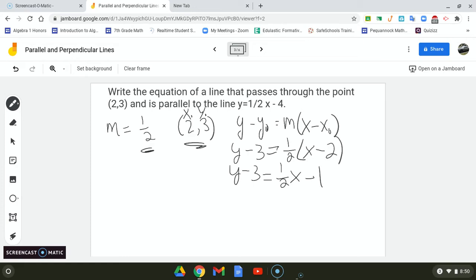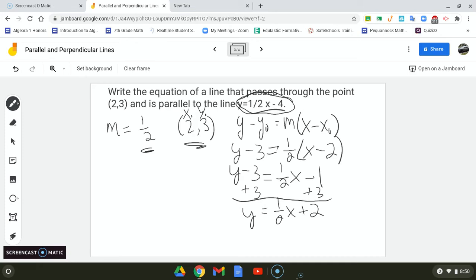Again, distributing the half to the negative 2. And then to get it in slope-intercept form, we would just add 3 to both sides. So we have y is equal to 1/2 x plus 2. And that's going to be the equation of a line that's parallel to this line and passes through the point (2, 3).